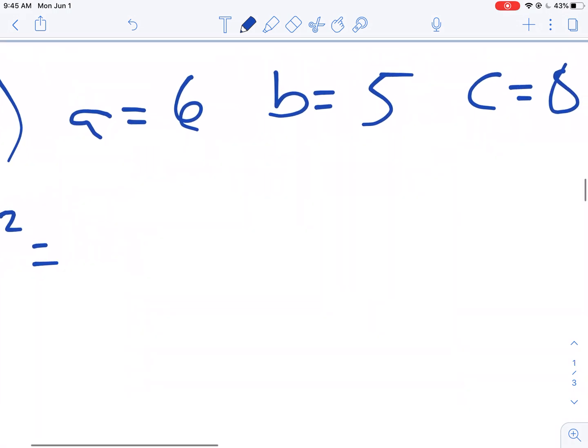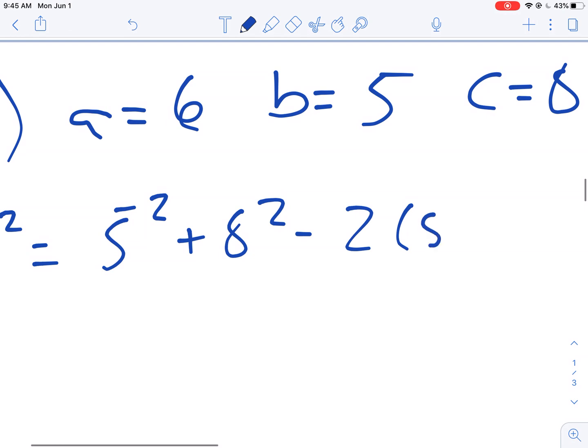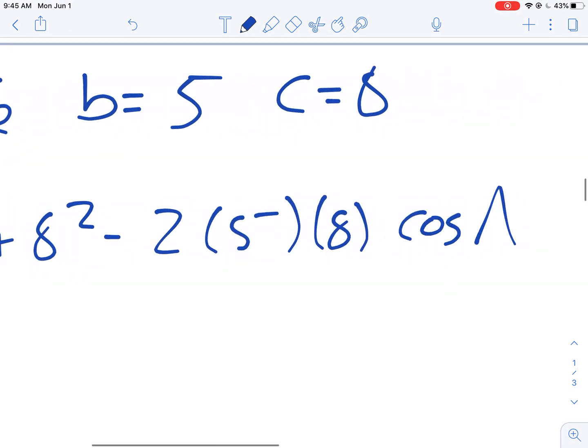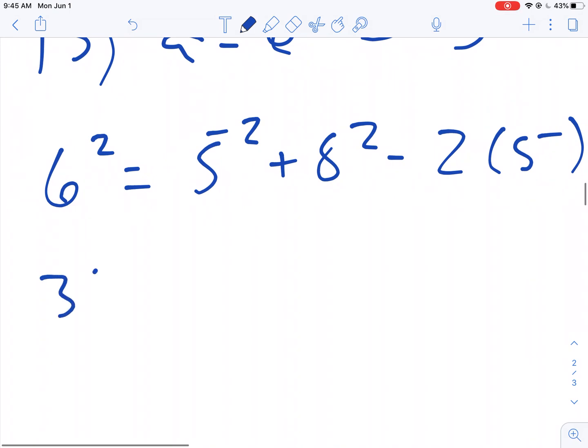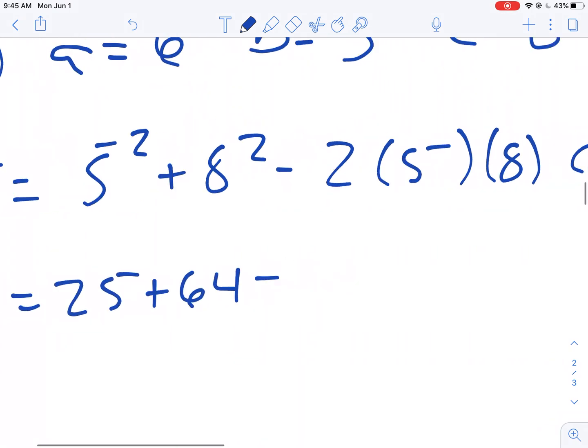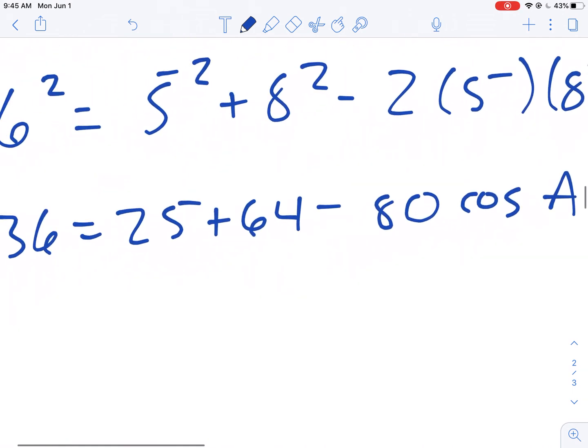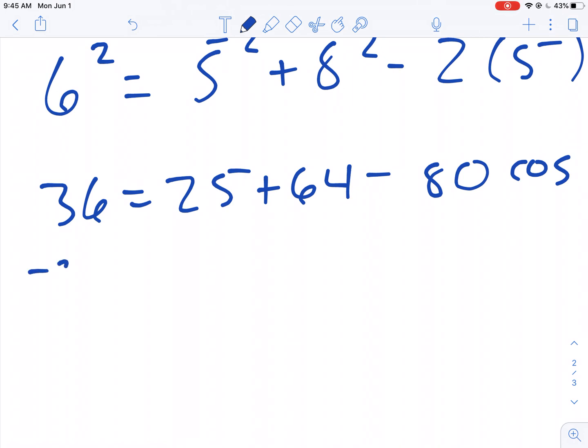So I get 6 squared is equal to 5 squared plus 8 squared minus 2 times 5 times 8 times the cosine of A. 36 is equal to 25 plus 64 minus 80 times the cosine of A. Do your subtraction here.